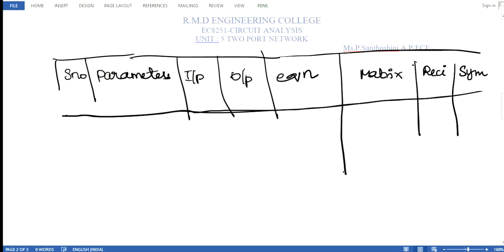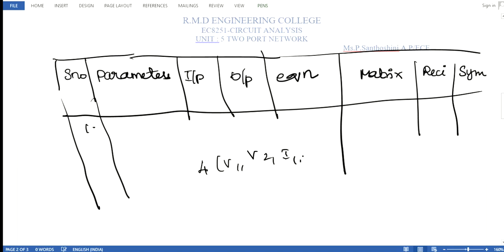Write neatly the first one, parameters. Before going into this, we already said there are 4 variables, V1, V2 and I1, I2, combined into 2 equations.